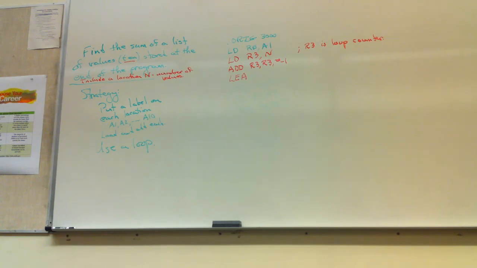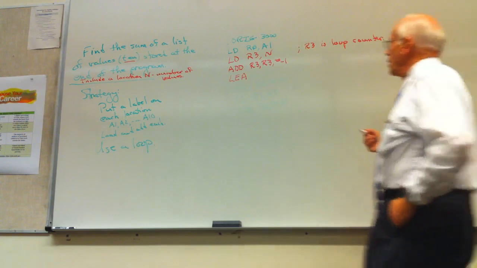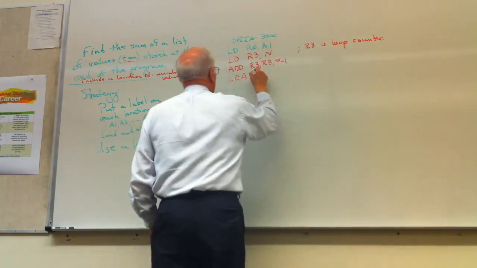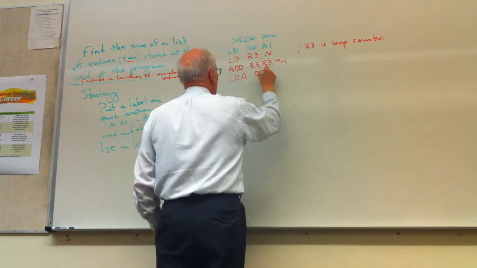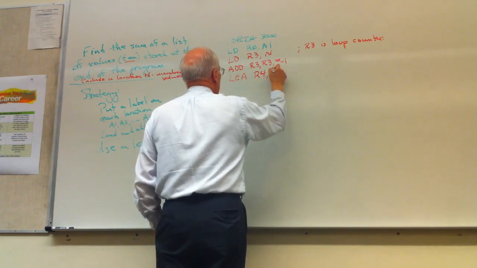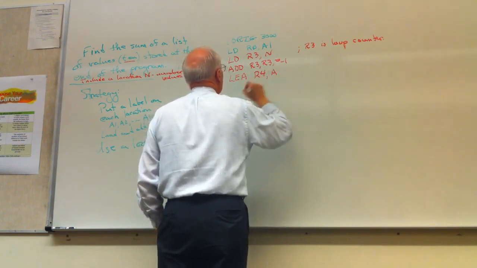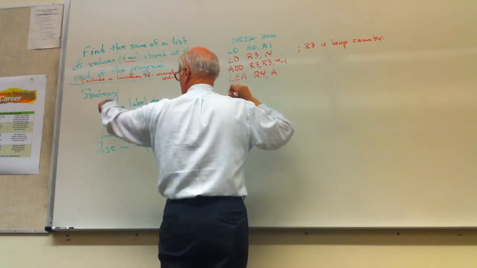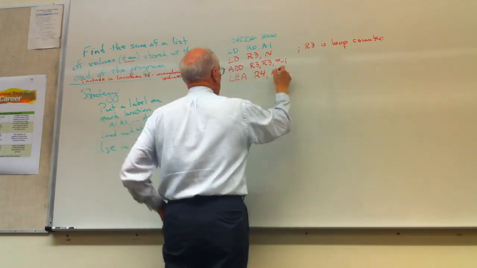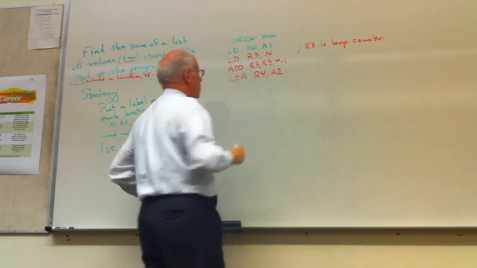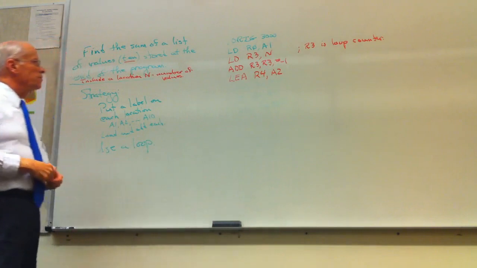Now, as soon as I say that, when you look at the binary representation of this thing, it has an offset in it. Let's see, I said that these things were labeled this way. We've got A1, so I'm going to load A2.